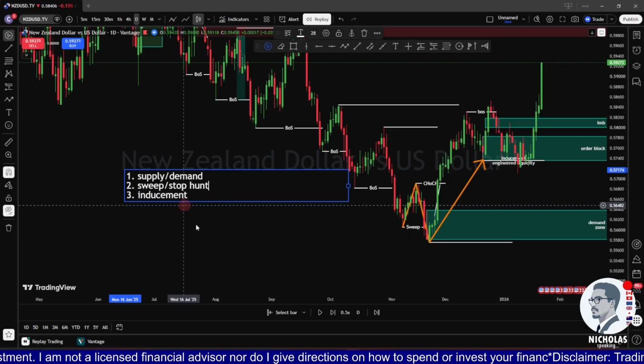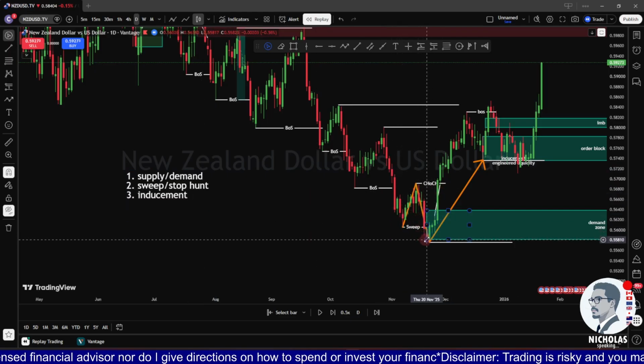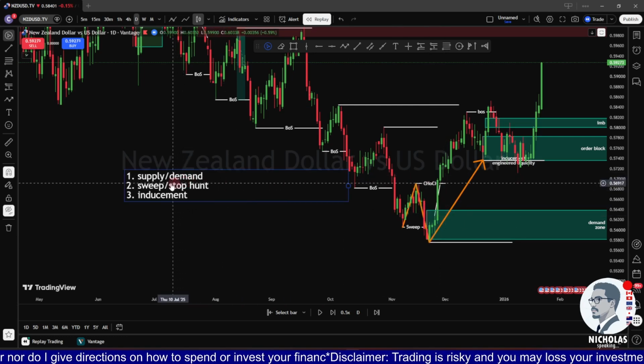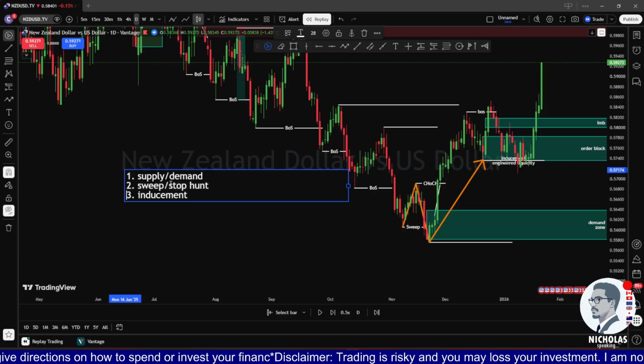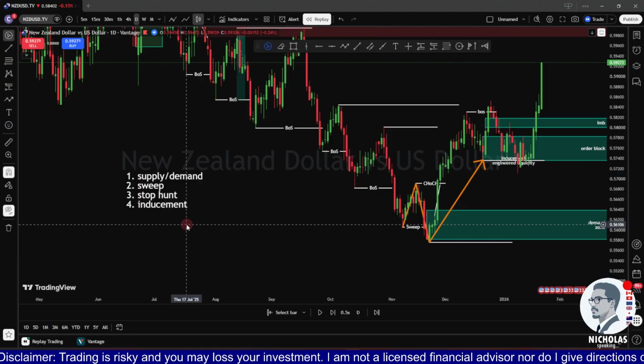Remember, a stop hunt is a sweep that leads to the opposite direction being taken. A sweep is just a sweep. It goes below and returns. When it now adds a stop hunt to it, it suddenly becomes higher probability. If it then creates an inducement after that, it becomes an even higher probability.